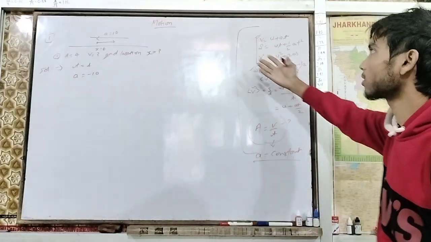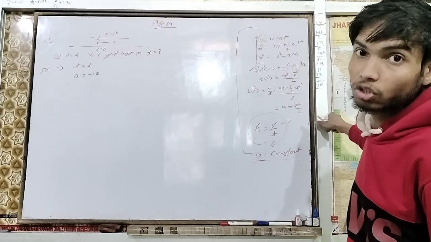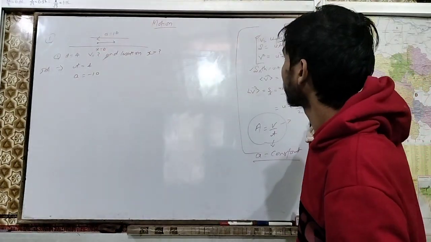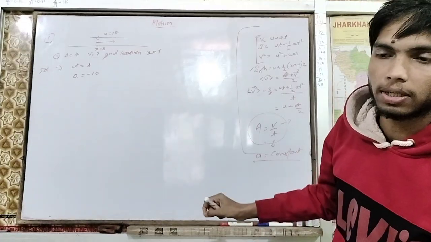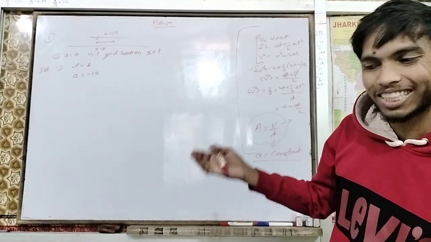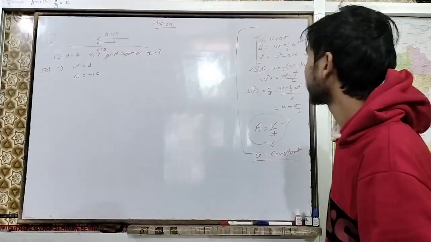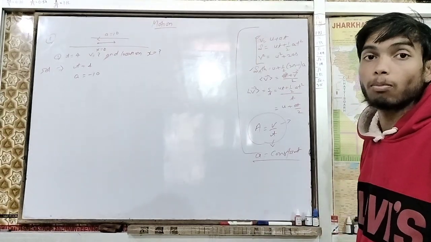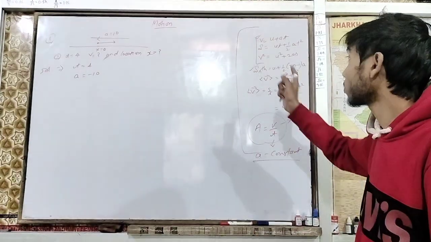So U means initial velocity, so U is 0. Not a velocity, but U here is the initial displacement, the initial point. So the initial point is 0.